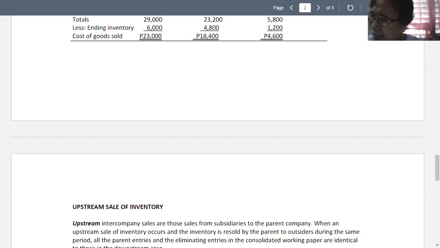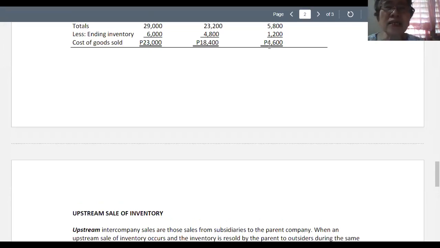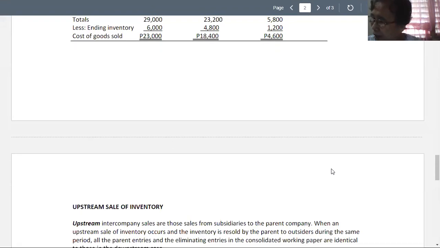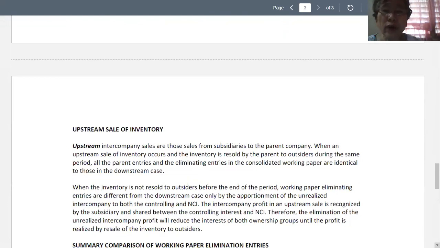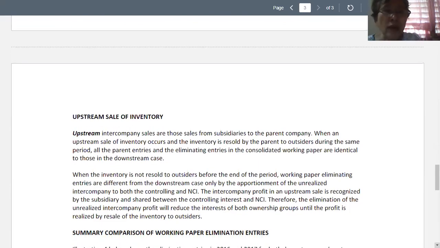Okay, the first entry is to debit sales for 25,000 and to credit cost of goods sold for 25,000.